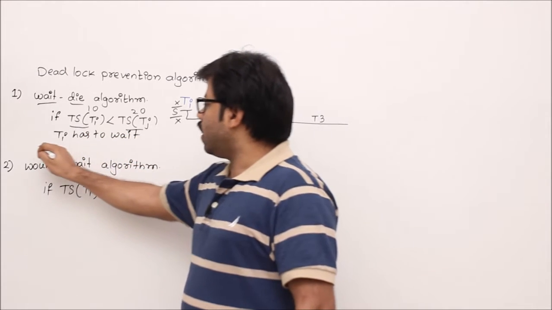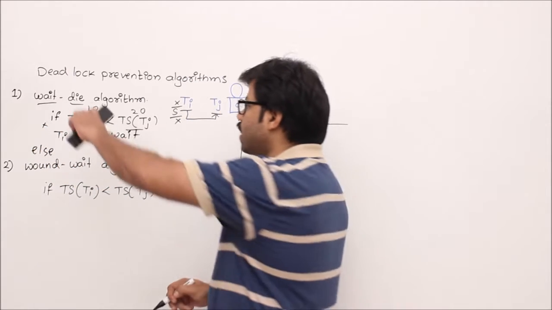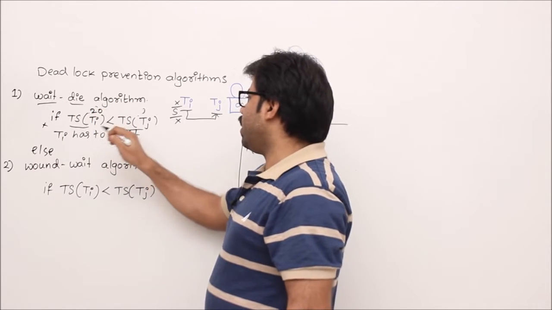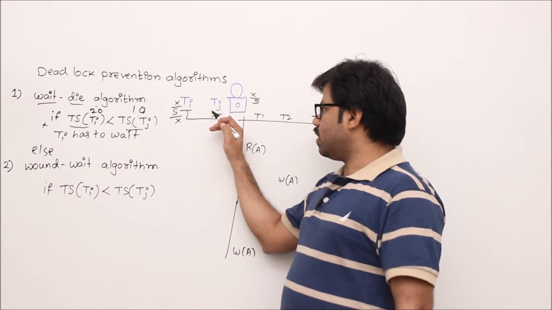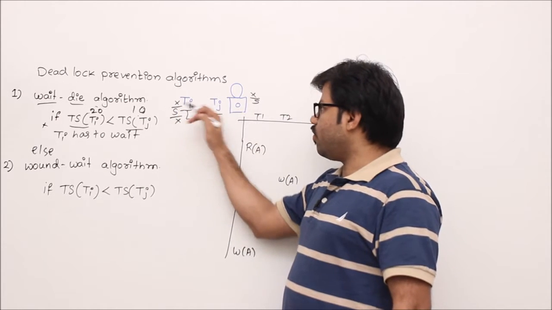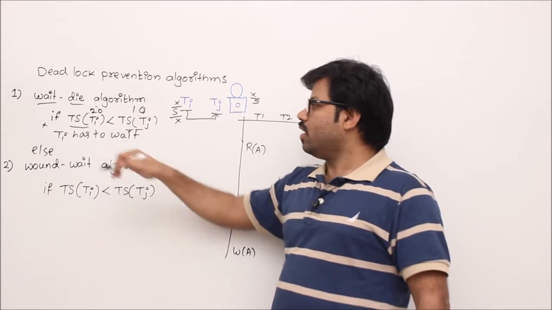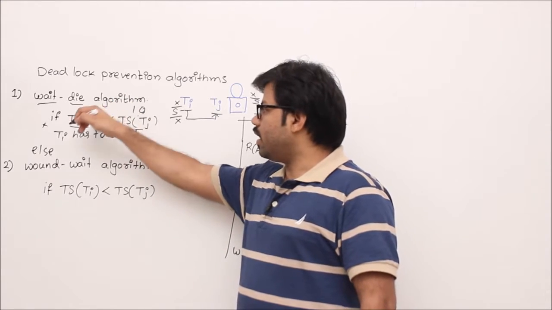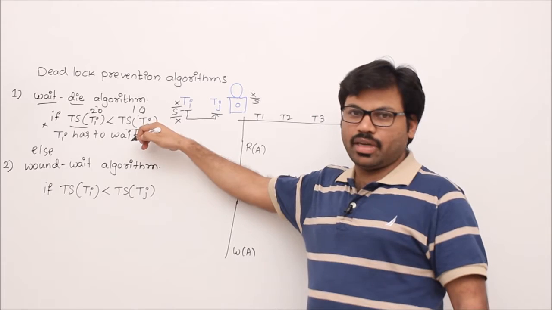Else, what if this condition is false? Whenever this condition is false, your values will be like this: Ti value 20, Tj value 10. Now connect again to the story. Tj is holding the lock. Ti wants that lock. Ti's value is 20 and Tj's value is 10. Then this condition will be false. Whenever this condition is false, Ti is the younger transaction and Tj is the older transaction.